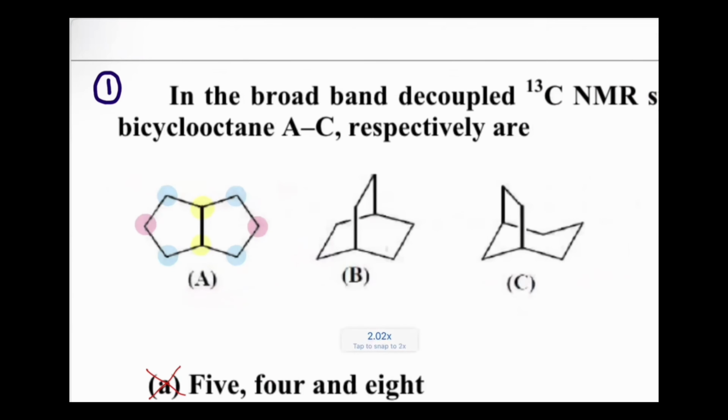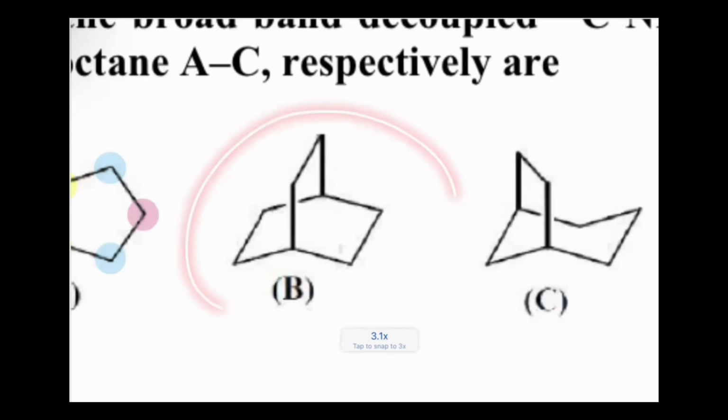Okay, and now if we follow the same approach in this molecule also, here we can see there are 2 carbon atoms in the bridging position and both will have the same peak. So the first peak you'll get from these 2 bridging carbon atoms. Now this carbon and this carbon both have the same chemical environment because both are attached to the same type of carbon, so both correspond to the same peak. And if you look at this side, these two carbons also have the same chemical environment, and this environment is similar to these 2 carbon atoms.